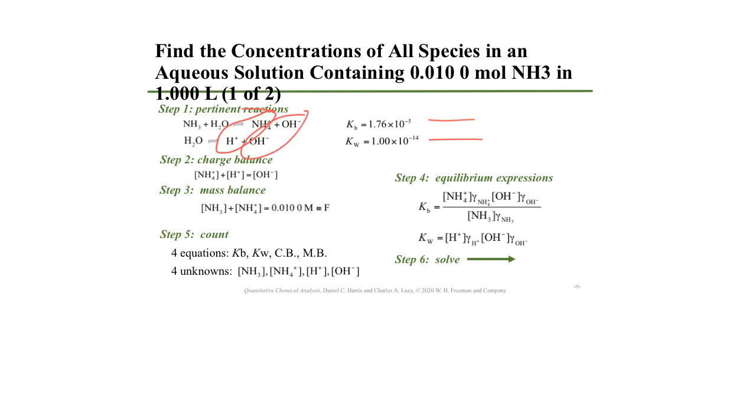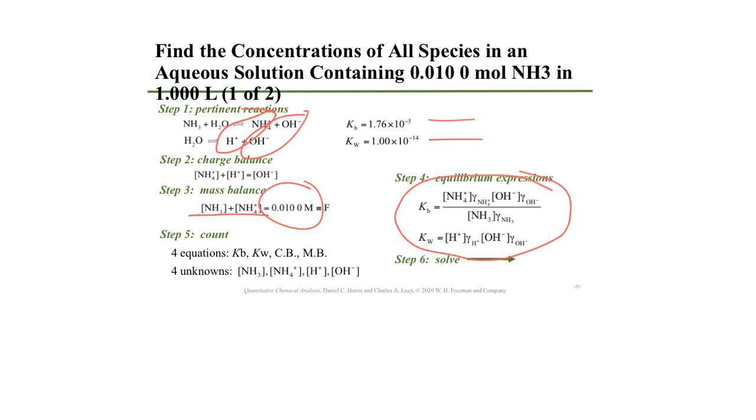Then write a mass balance. Well, you know that when you put that into solution, the ammonia is in the form of NH3 or NH4 plus, so that equals that original 0.01 molar. Write equilibrium expressions, and in this case, you write them with the activity coefficients. And now you figure out how many equations you've got.